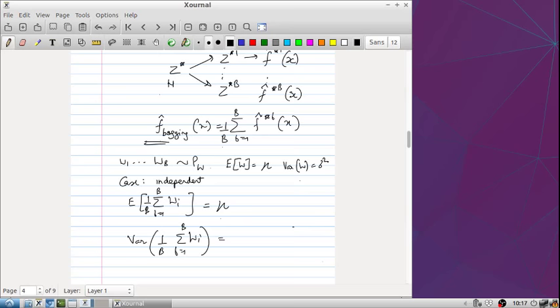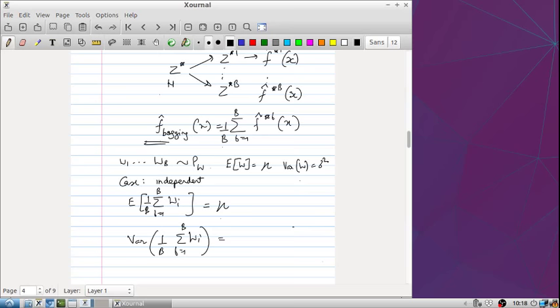Any idea? These are independent random variables. So the variance of independent random variables is going to be the sum of the variances of the individual random variables.